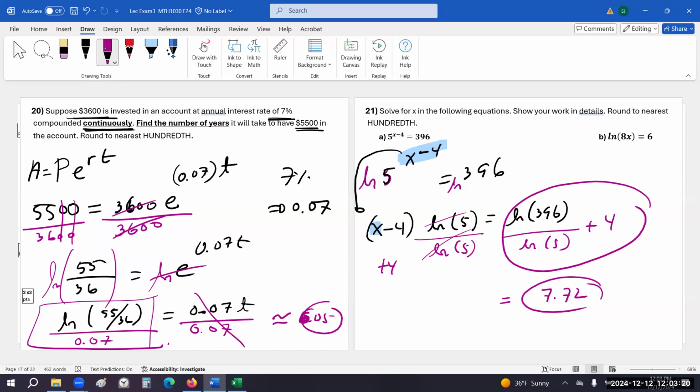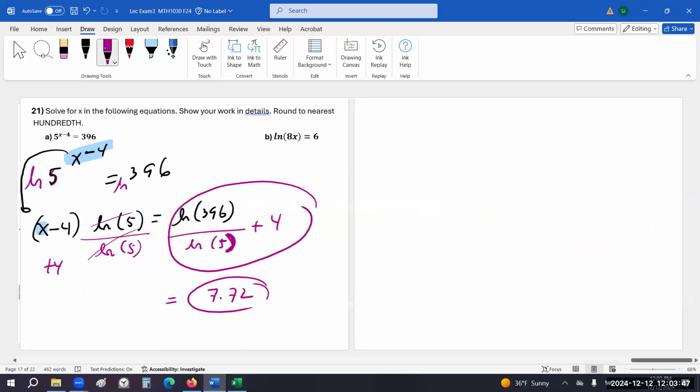The calculator calculates things differently. You probably didn't close your parentheses here, on the denominator. Anytime it's not next to the ln, you have to close it.